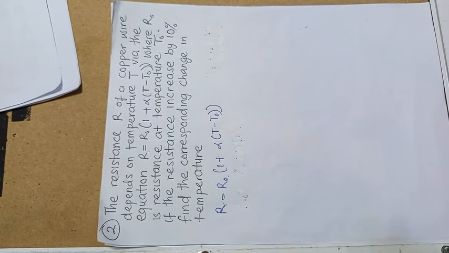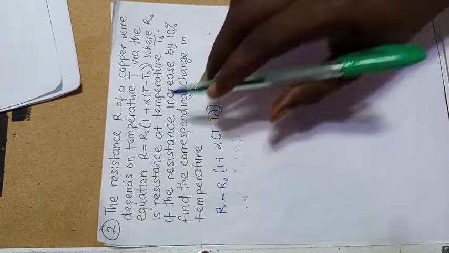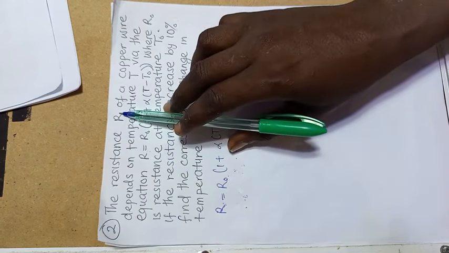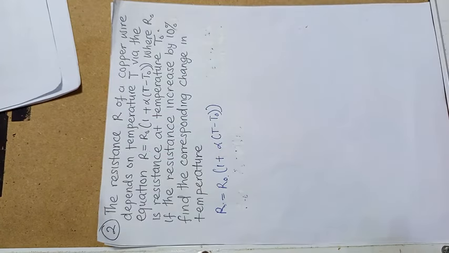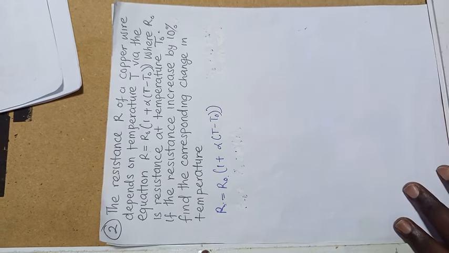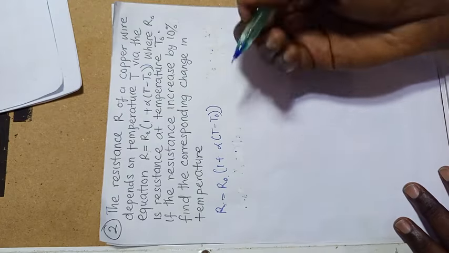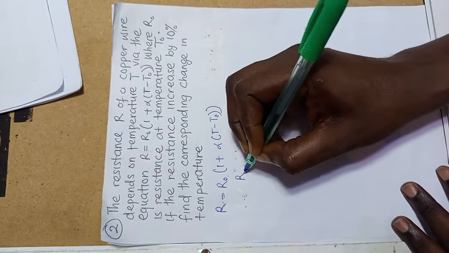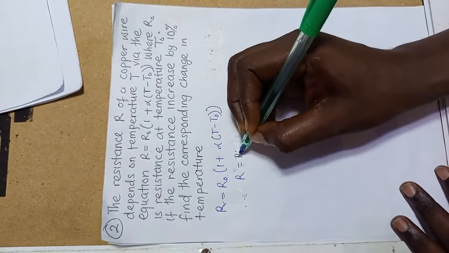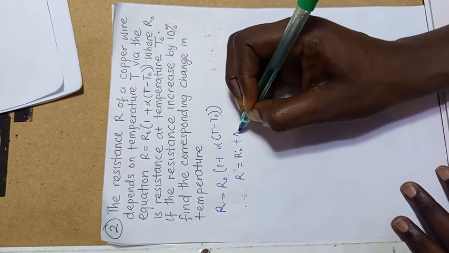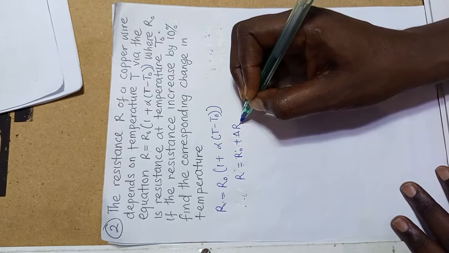Now that means if resistance changes, temperature changes, for this question, where R naught is the resistance at temperature T naught. Now, if the resistance increased by 10%, find the corresponding change in temperature. Let's say R final equals R initial plus change in resistance.